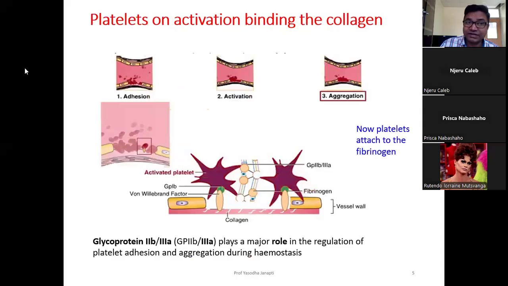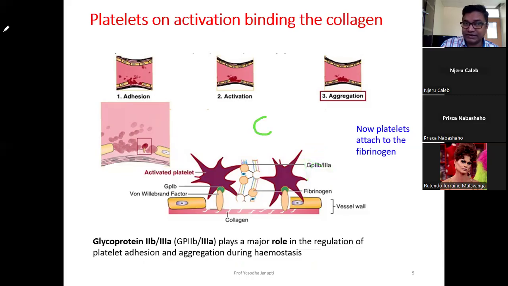So here what we learned is that GP2B and 3A have a very important role. Glycoprotein 2B, 3A plays a major role in regulation of platelet adhesion and aggregation during hemostasis. So what are the drugs which block this?